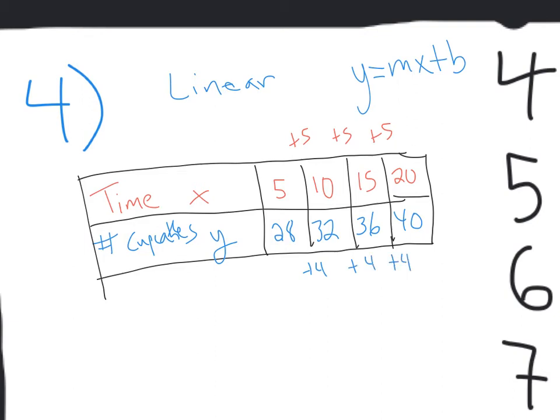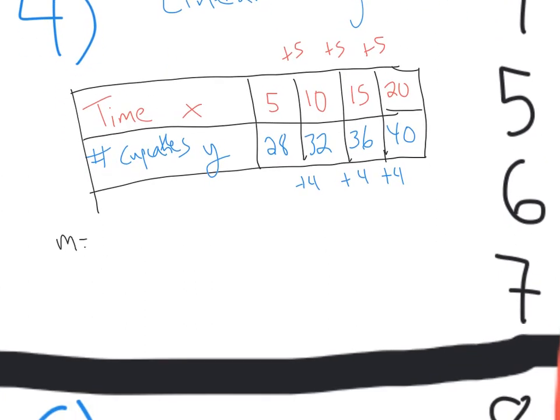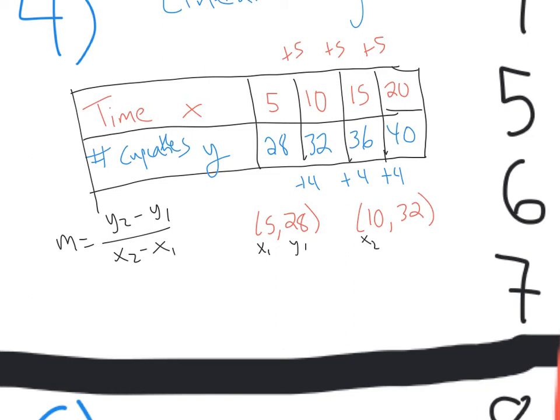Okay, so let's find our rate of change. And remember, our formula is m equals y2 minus y1 over x2 minus x1. You can use any 2 points here that you like. So I'm just going to pick the first 2. We have the point (5, 28), and we have (10, 32). So this is x1, y1, x2, y2.